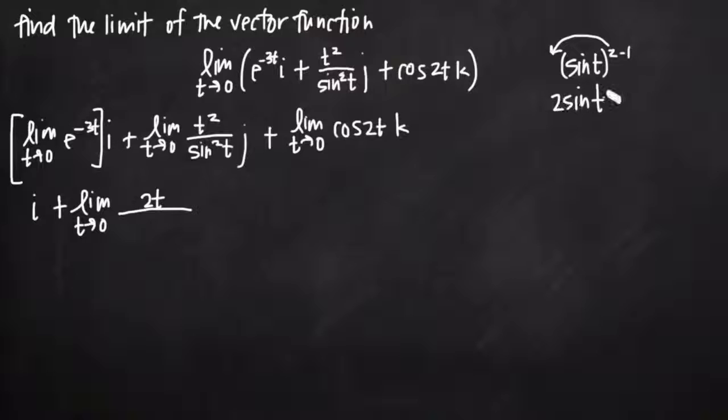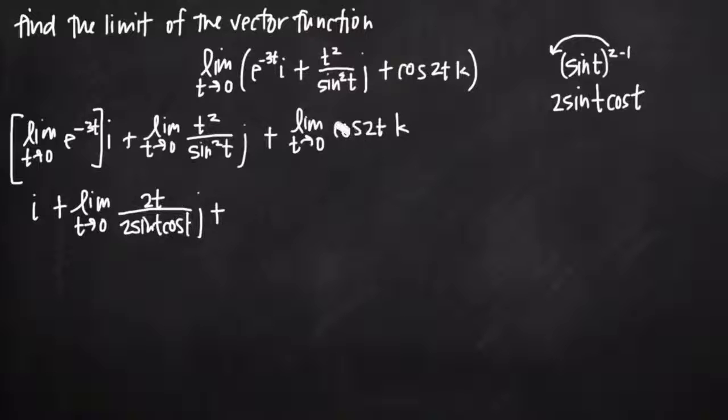So we're left with 2 times sine of t, ignoring the inside function completely, but now we have to multiply by the derivative of the inside function. The derivative of sine of t is cosine of t, so we multiply by cosine of t, and this is our derivative function. So we get 2 sine t cosine t in the denominator, and the j component stays.